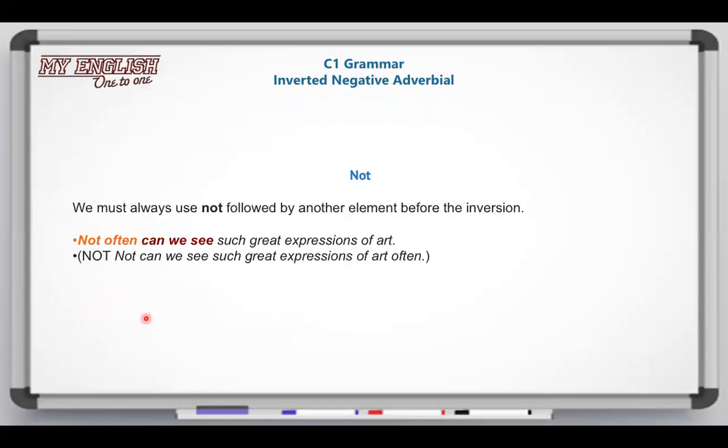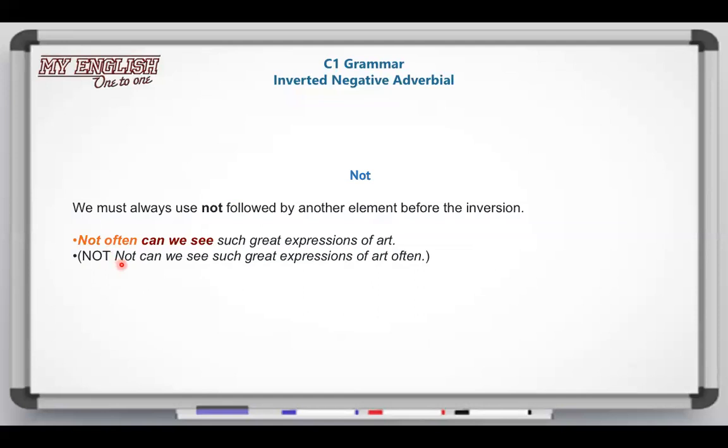Right? Let's check another important aspect about the word not. We must always use not followed by another element before the inversion. Example, not often can we see such great expression of art.